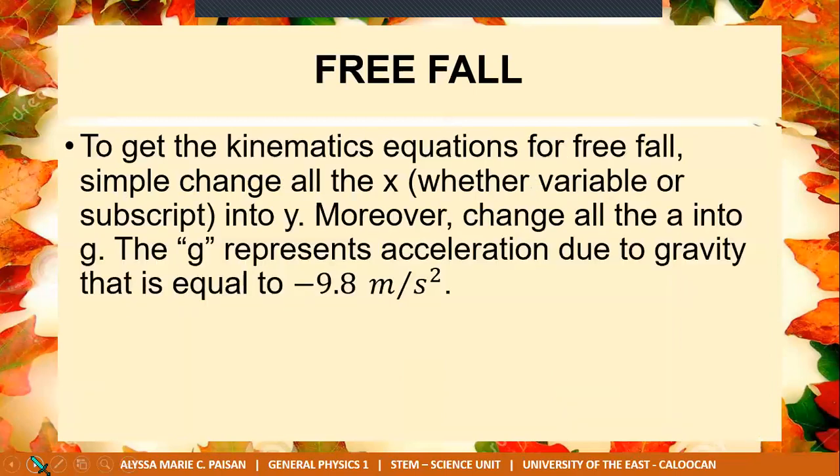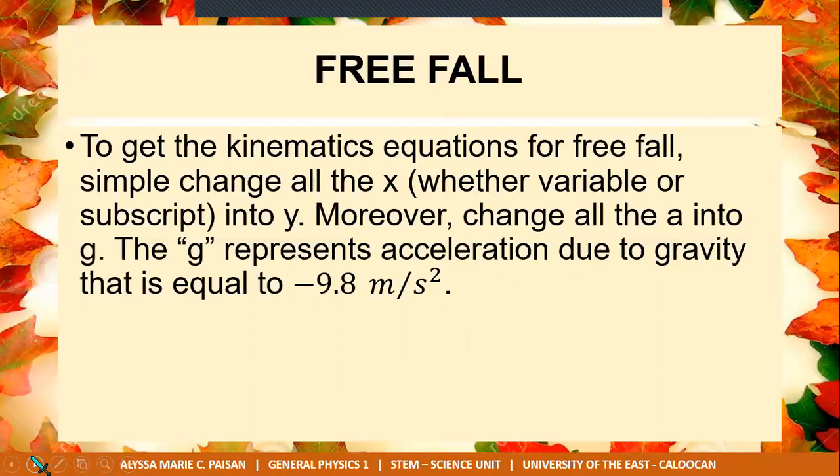or towards the ground. To get the kinematics equations for free fall, we simply change all the x from HUAM, whether variable or subscript, into y. Moreover, you change all the a into g, and the g represents the acceleration due to gravity, which is equal to negative 9.8 meters per second squared.